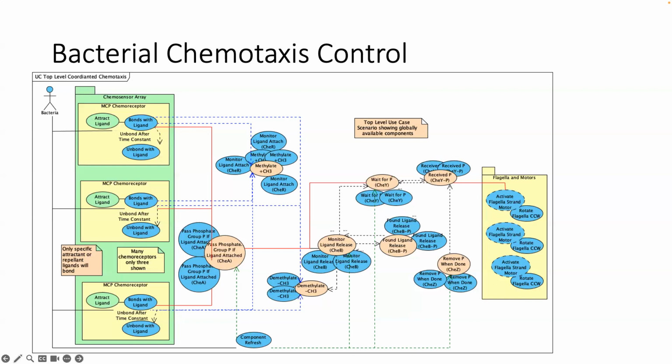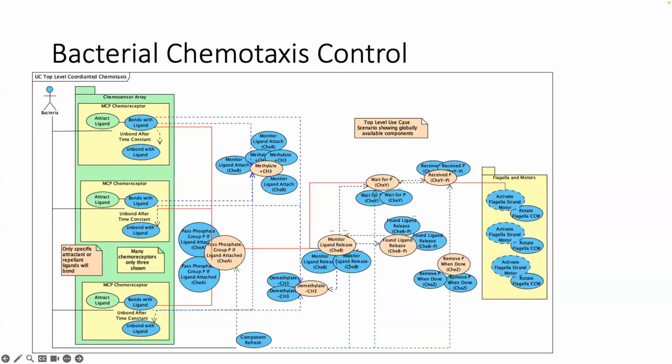So E. coli swims in a random walk manner due to counterclockwise filament rotation in each of the flagella, causing the bacteria to do runs. And when it goes in a clockwise rotation, it causes the bacteria to tumble. So when it runs, it goes more or less in a straight direction.